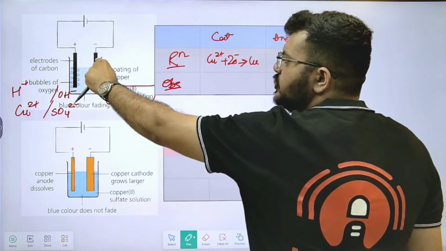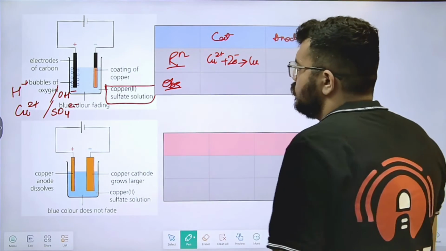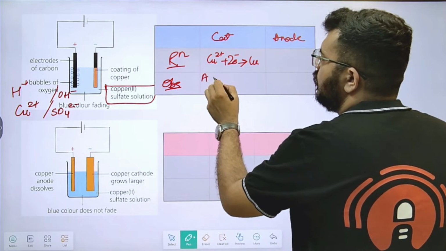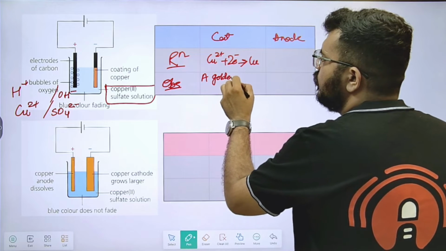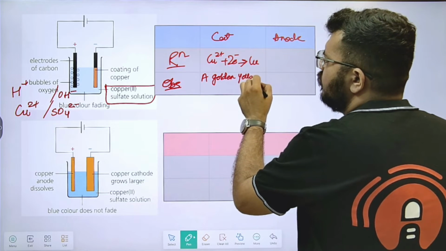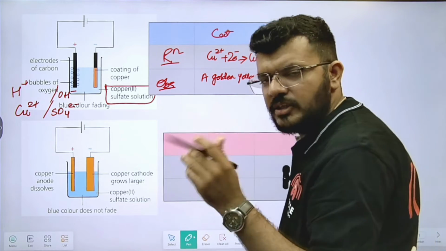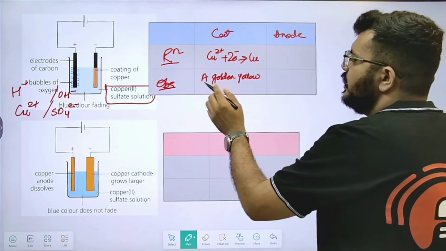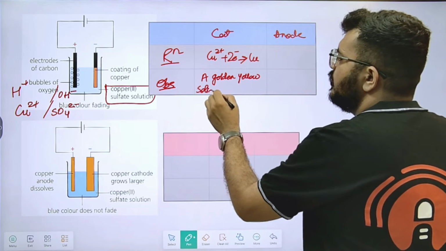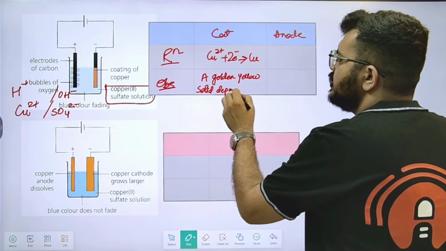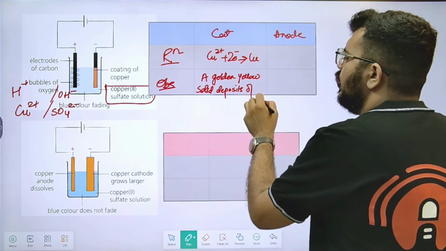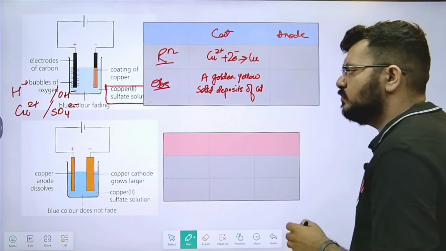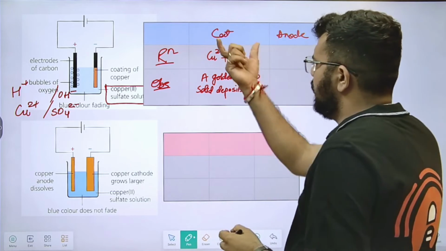It will get deposited on the cathode. So a golden yellow, you can say brown, you can say orange. Orange is the best bet, but golden yellow solid deposits on cathode. That is my observation for cathode.